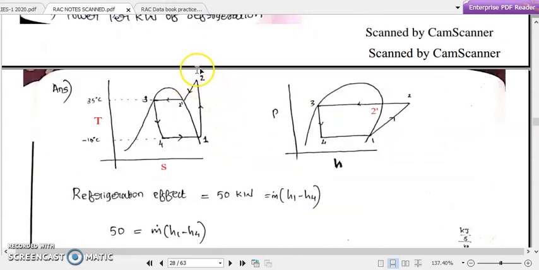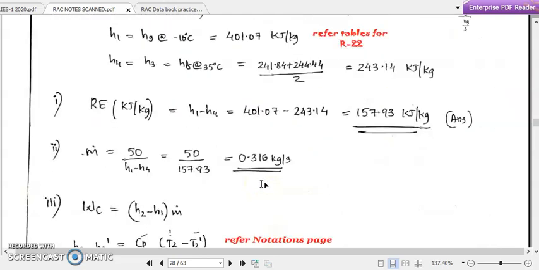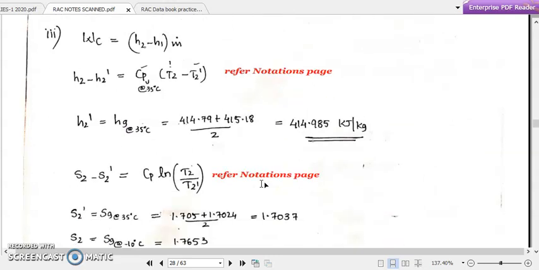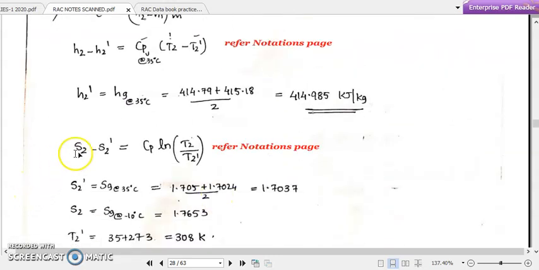We do not know the temperature at T2. So how can we find it? For that, we can write a relation like this: s2 minus s2 dash will be equal to Cpv times natural log of T2 by T2 dash. If we can remember this relation, that will be very good.